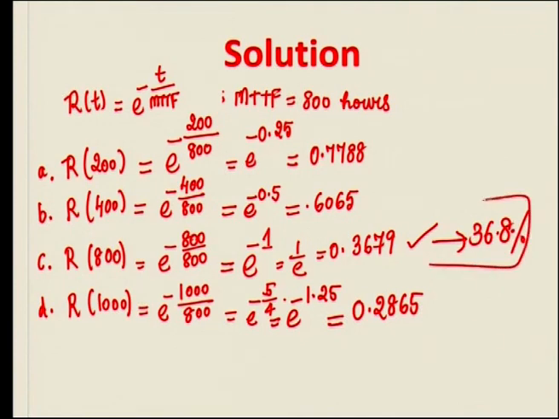This is because the mean time to failure has been given as 800 hours, and when you are asking for the system to survive that mean time to failure, namely 800 hours, the probability that it will function properly is only 36.8%, or approximately 37%.